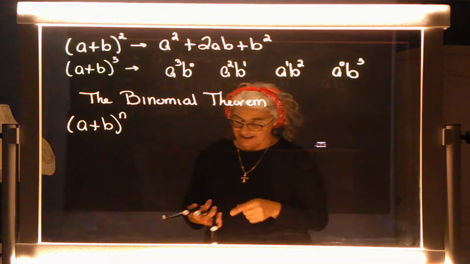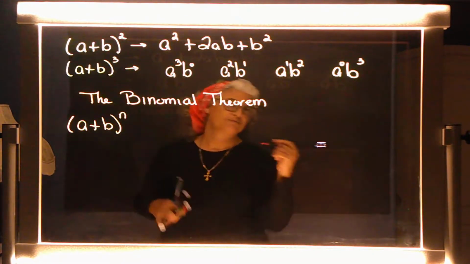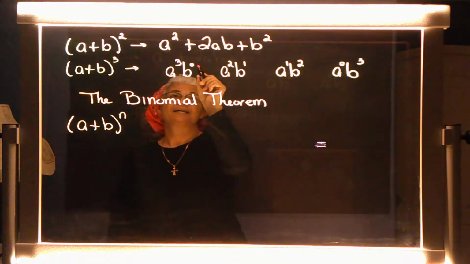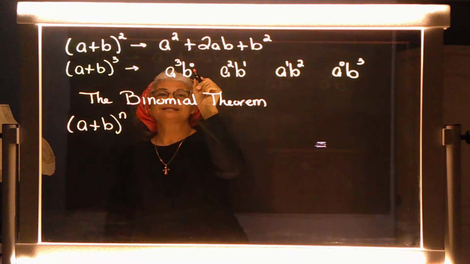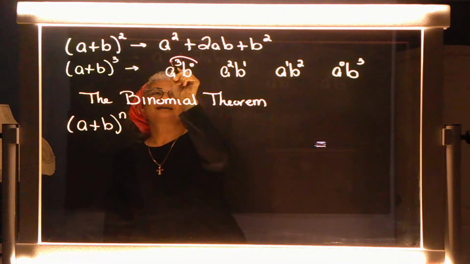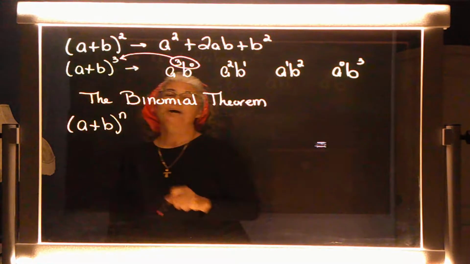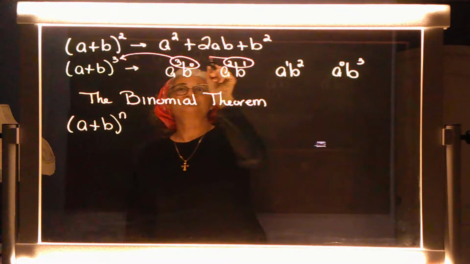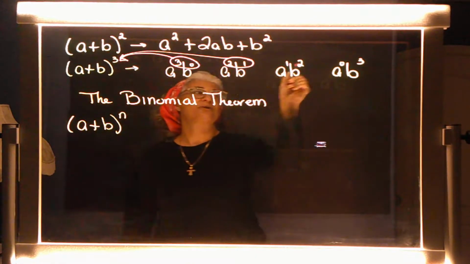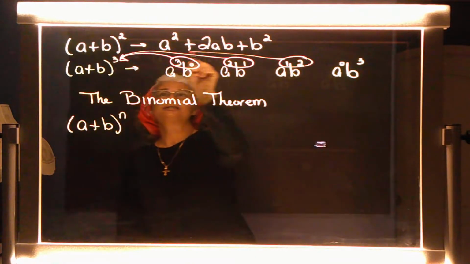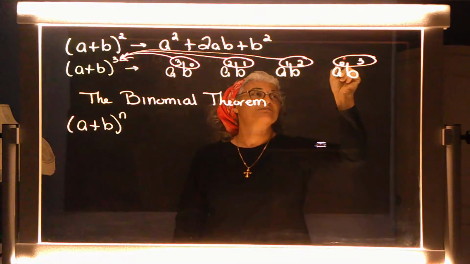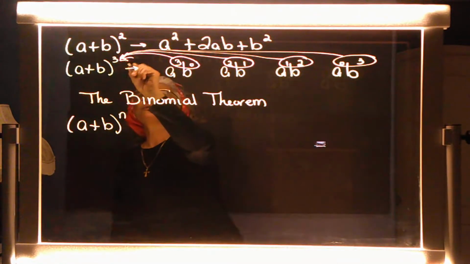One thing I'd like you to notice up here, and most people don't know this: when you have 2 variables in a single term, the sum of these powers always equals the original power. Are you with me? Every single one of these, the sum of these 2 powers always equals the original one.